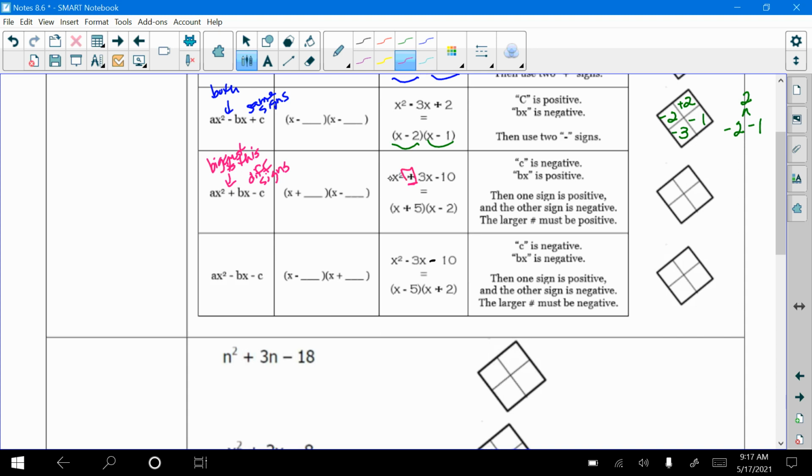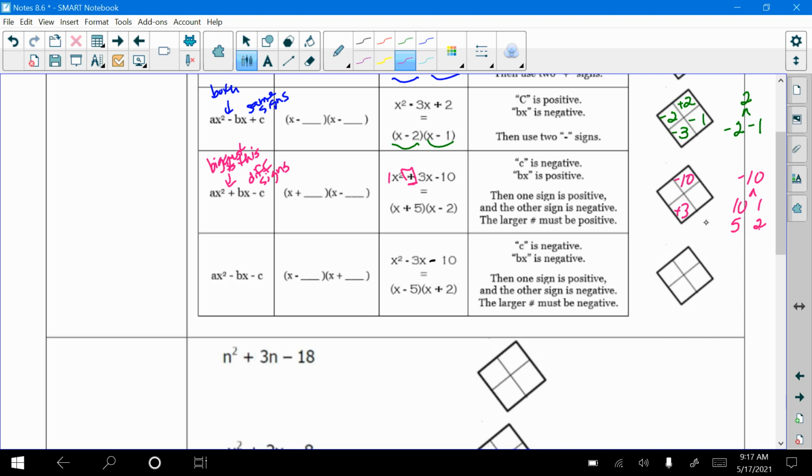So again, 1 times 10, negative 10 is negative 10. My positive 3 goes here, and I'm looking for factors, because you get a negative, one has to be positive, one has to be negative, right? Positive, negative makes a negative. So I can go 10 and 1, and I'm looking for actually the difference. I can go 5 and 2, boom, because the difference between 5 and 2 is 3.